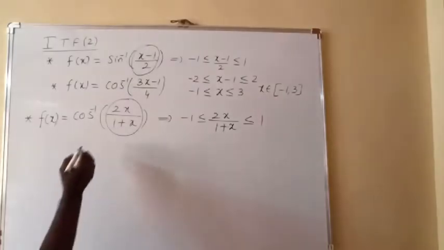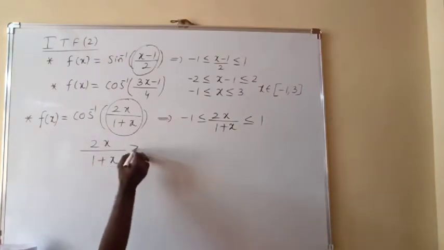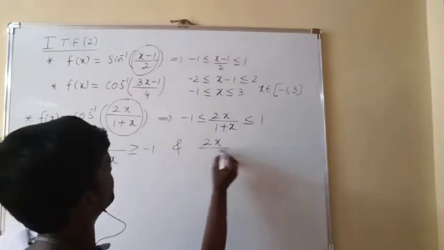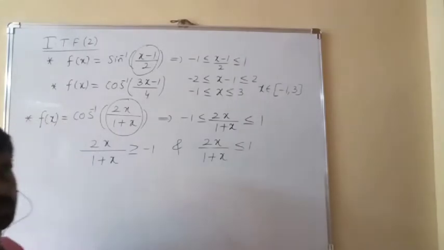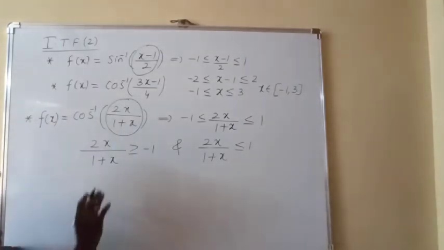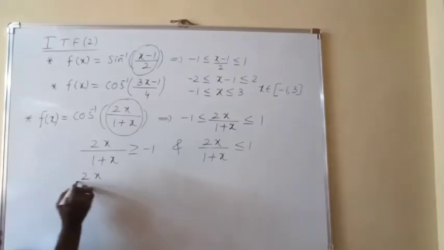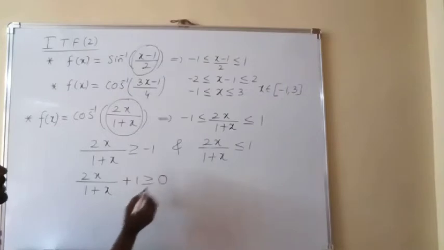Observe here. From that we can say that 2x by 1 plus x is greater than or equal to minus 1, and 2x by 1 plus x is less than or equal to 1. Am I correct? Okay. So still you can't cross multiply by 1 plus x. You transfer minus 1 to this side. What will you get? 2x by 1 plus x plus 1 greater than or equal to 0.